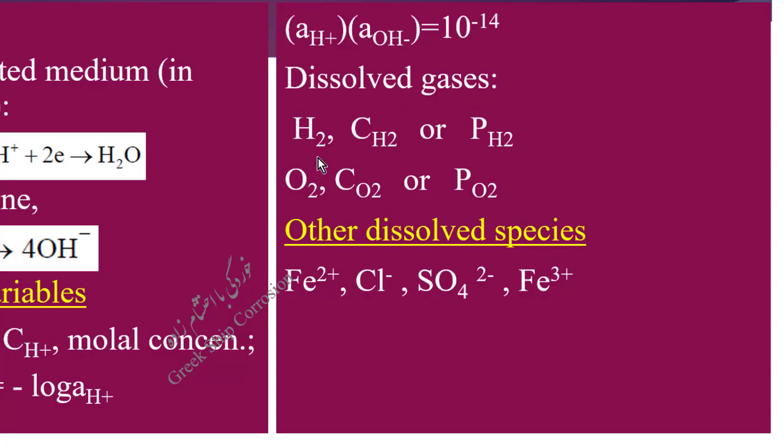Dissolved gases: H2, shown with C_H2 or P_H2, the concentration or pressure of hydrogen gas. Oxygen, shown with C_O2 or P_O2. Other dissolved species: ferrous cation, chloride anion, sulfate anion, ferric cation.